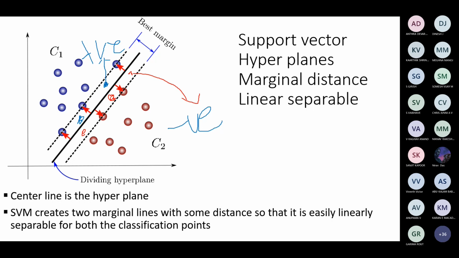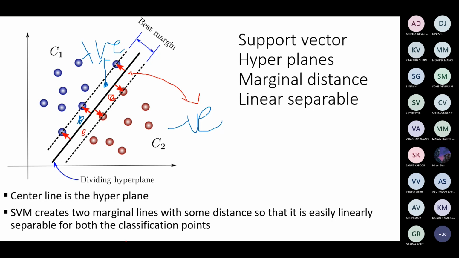Now, it creates a hyperplane, then it finds the best distance. It will create another two hyperplanes on either side, such that one will pass through the nearest data points of the positive class, and another hyperplane will pass through the nearest data point of the negative class.